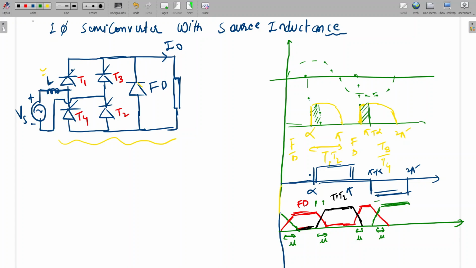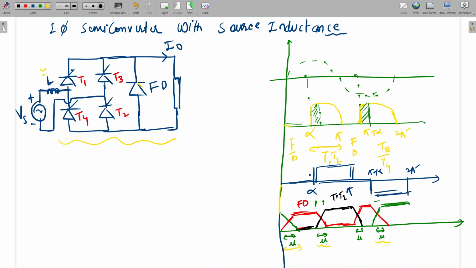See here, one extra mu is there, but in that place already in the normal case also the output voltage is 0 only. This second mu here and second mu here is causing the reduction in the output voltage.